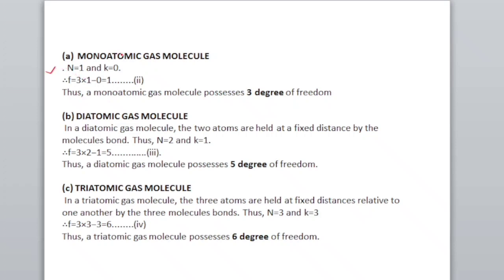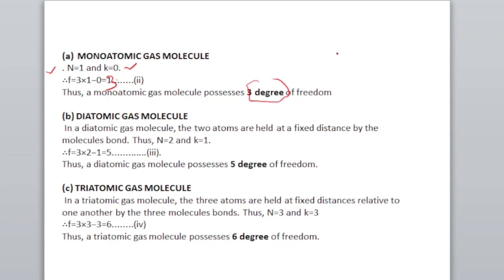Monatomic means only one particle. And k is 0, the number of independent ways in which it can absorb energy is 0. So F is 3 into 1 minus 0, which becomes 3. So for monatomic gas, degrees of freedom is 3.